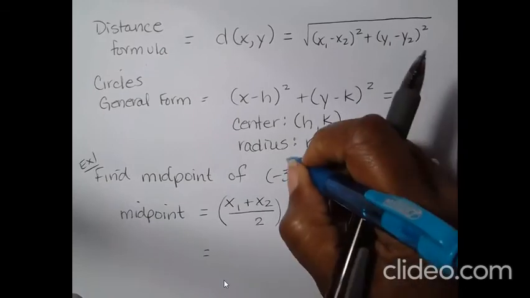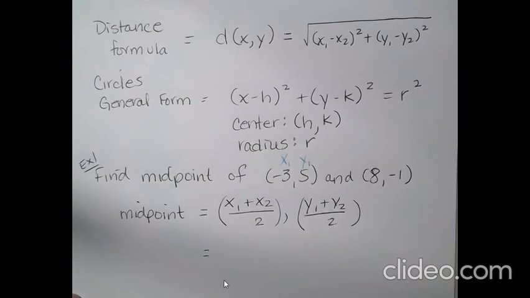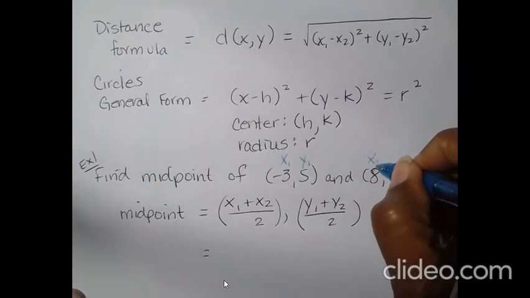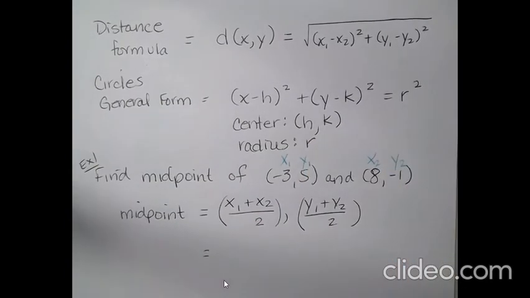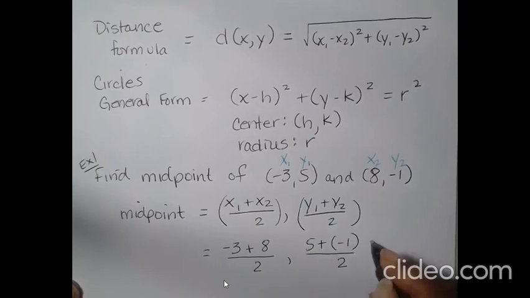Let's call this x1, and this is y1. This is x2 and y2. So -3 plus 8 divided by 2. And for the y's, we have 5 plus -1 all over 2.